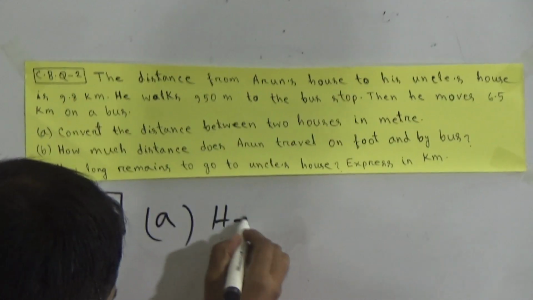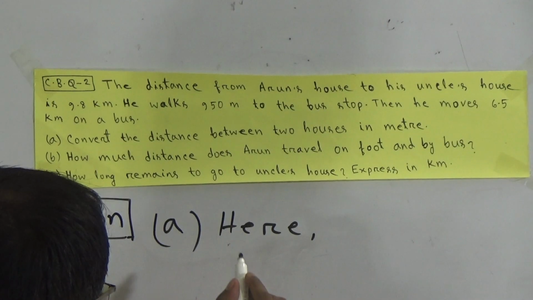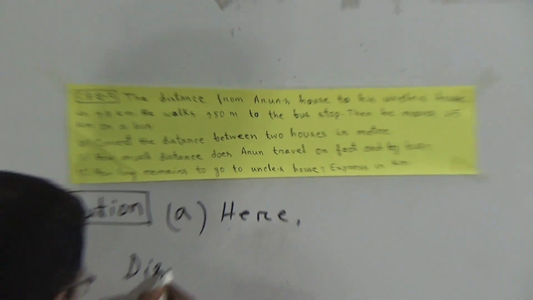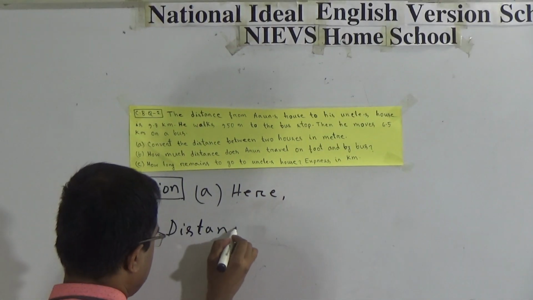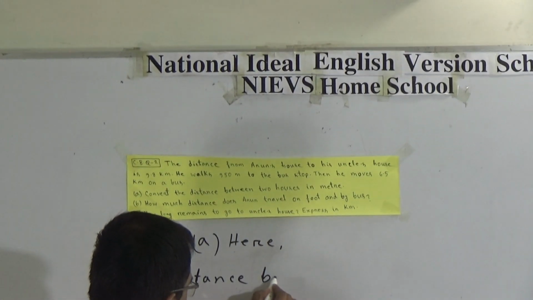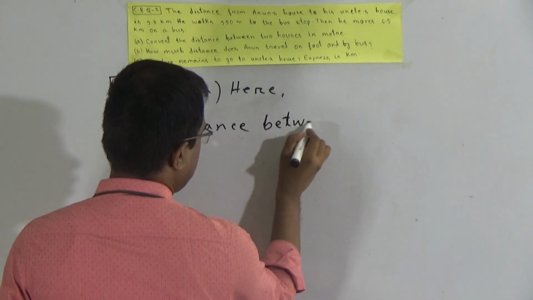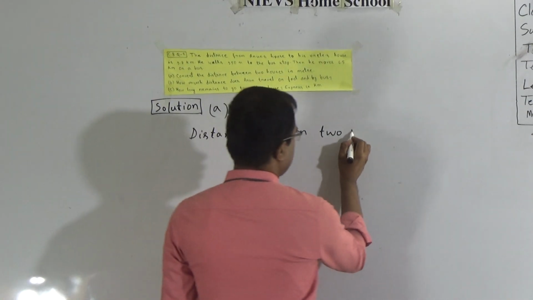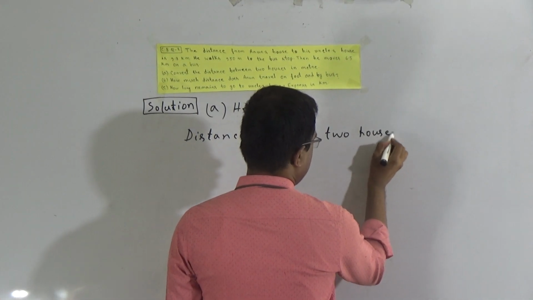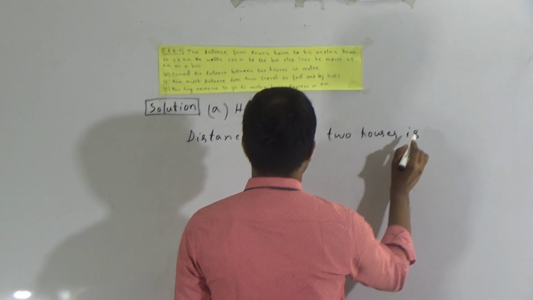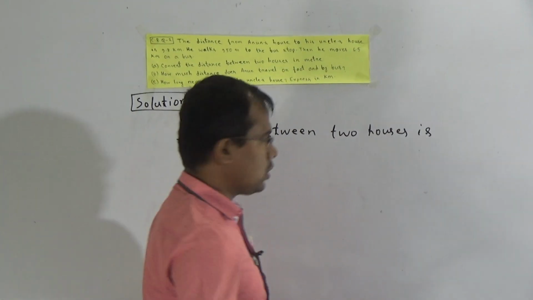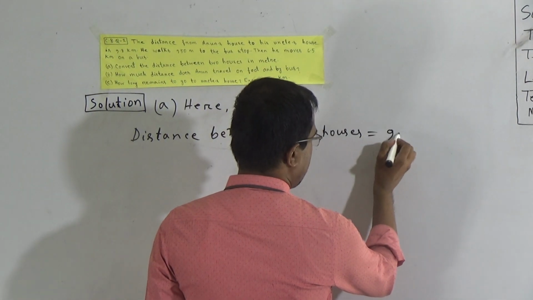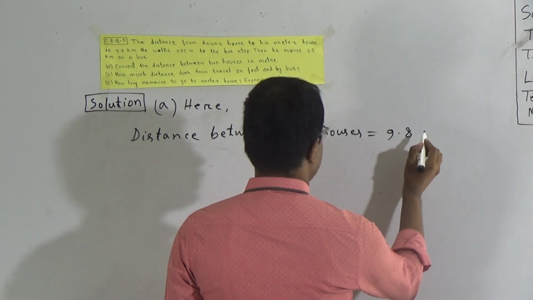Here distance between two houses is equal to 9.8 kilometer.